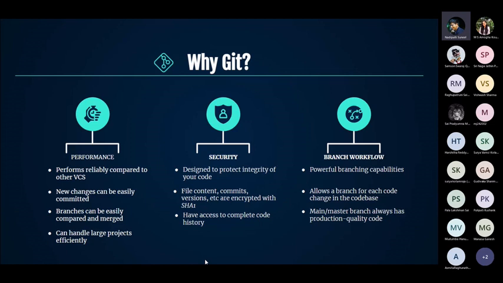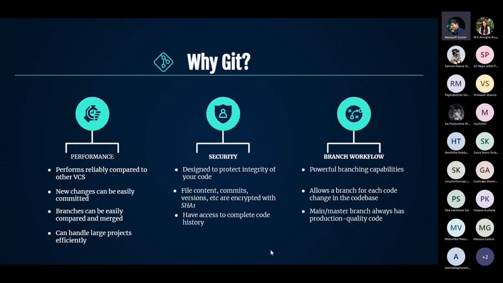And everything that you input into Git, such as the commits, in the sense the saves you make, whatever code you save, the file content, whatever repositories you have, the differences between one branch and another branch, the version history, everything, all of it is encrypted with an algorithm, SHA-1, which is a really strong algorithm. And because of this, you have access to complete code history at any point of time, and each version is securely encrypted.